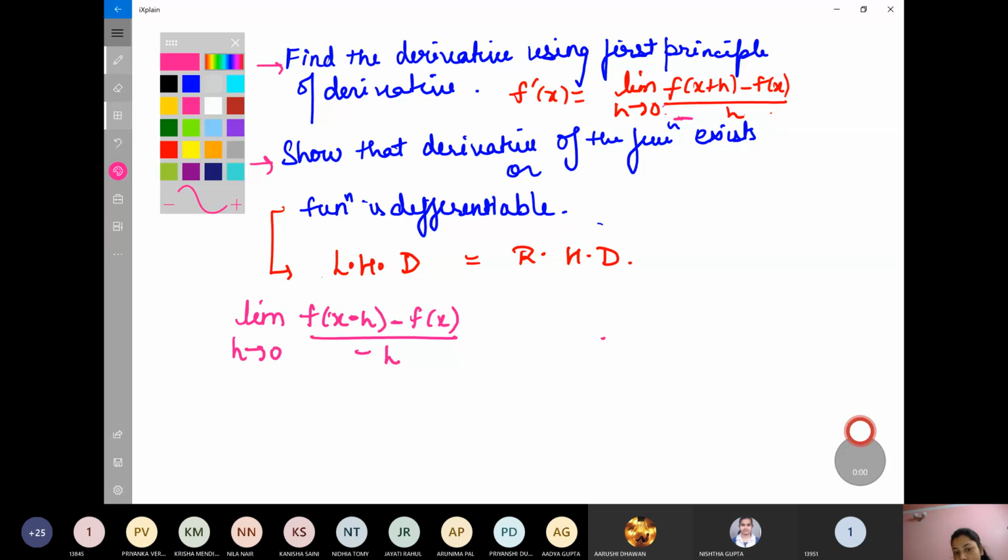That is the left hand derivative. And right hand derivative will be limit h tends to 0 f of x plus h minus f(x) upon h.